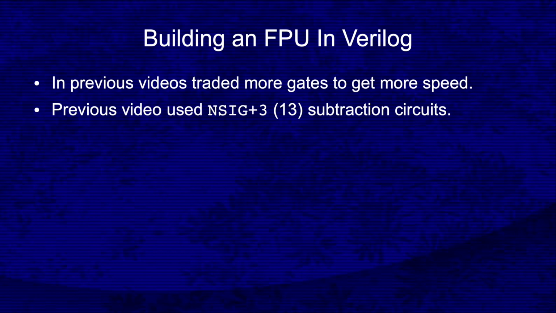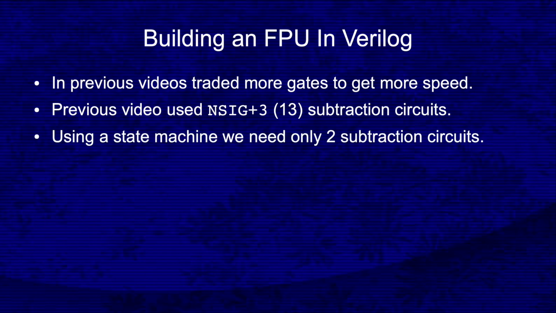The previous video used NSIG plus 3 subtraction circuits to compute the quotient significand, and that was before the addition-subtraction logic used by the rounding module. Today's circuit, because it's a state machine and reuses much of the arithmetic logic, only uses 2 subtraction units to calculate the quotient significand before passing control to the rounding module.